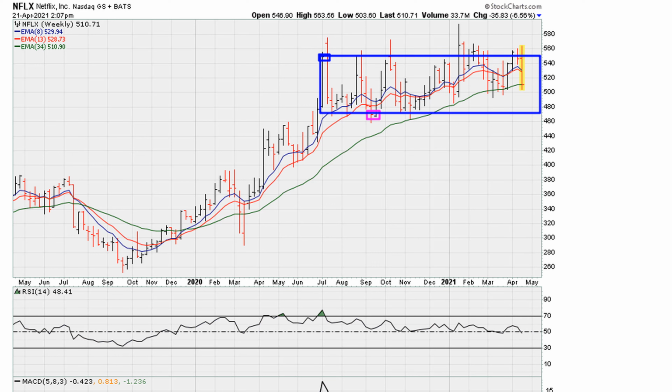Now there are multiple failures to break out. Even this is a failed breakout. Failed breakouts over the last 3 weeks. Cannot seem to break out. But that's not the biggest sell signal. The big sell signal will come if and when we break below the box, which would be the second wrong.